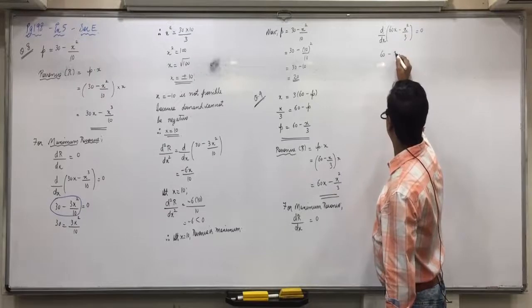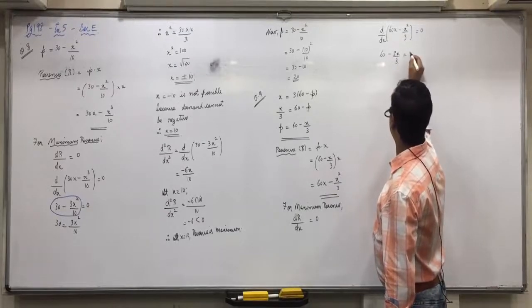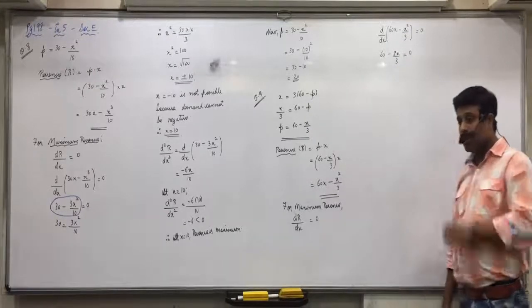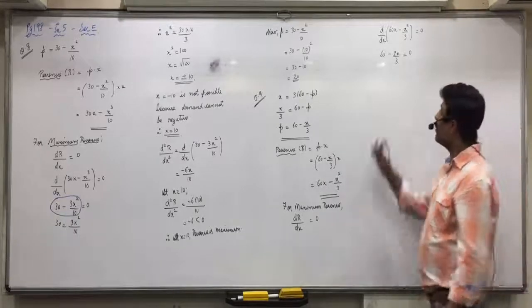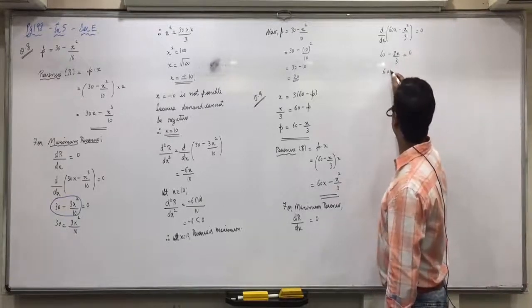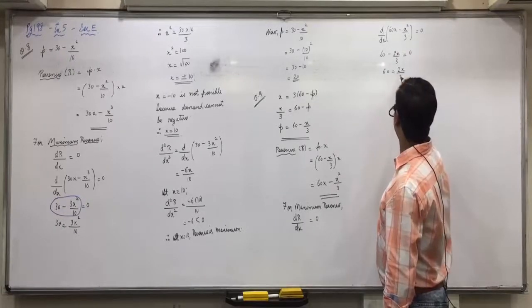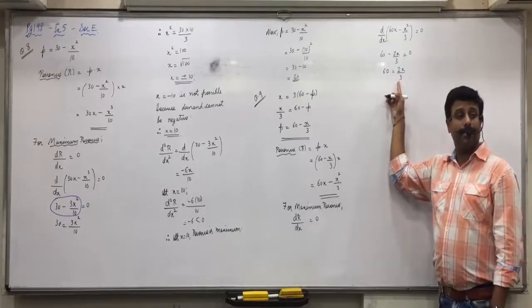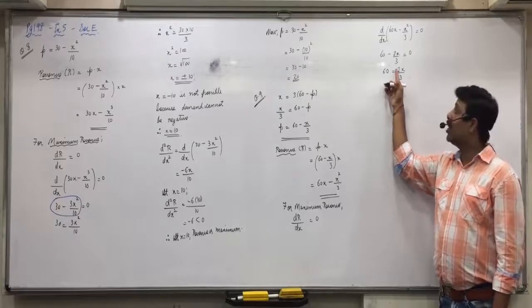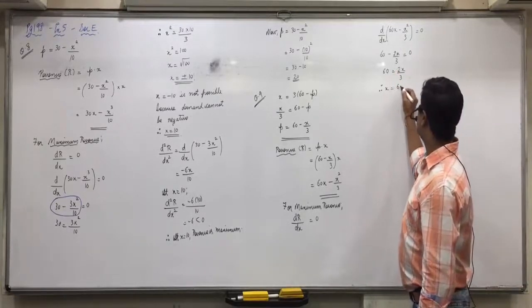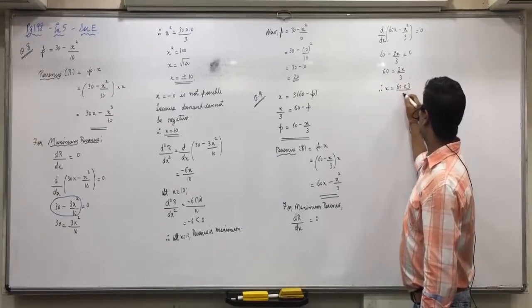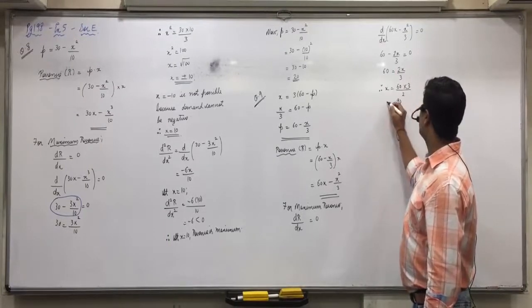X square will become 2x upon 3 must be equal to 0. Okay, now here only x, so no need of factorization as such. Bring this minus on the right side, it becomes plus 2x upon 3. Now 3 on the other side will get multiplied. 2 on the other side will get divided. So what is the value of x? 60 into 3 divided by 2, that is 90.